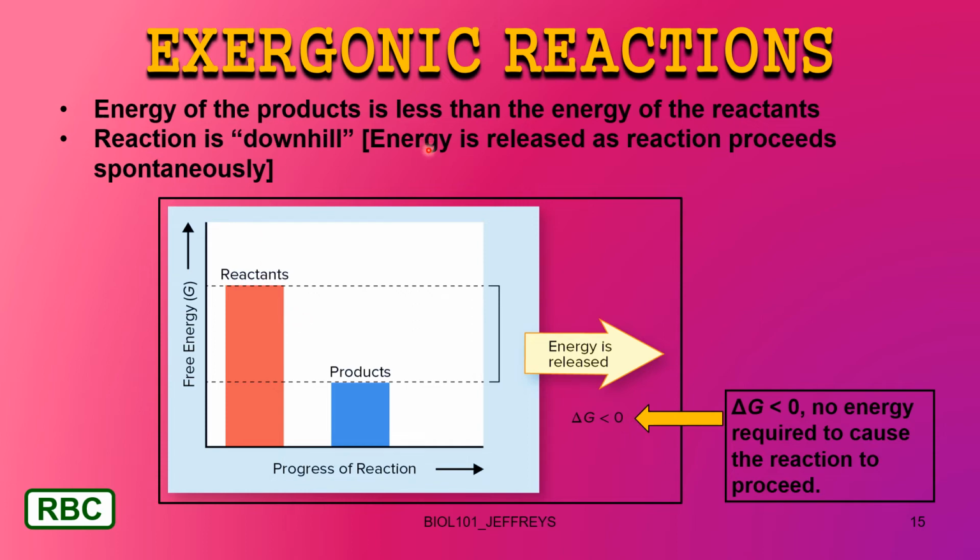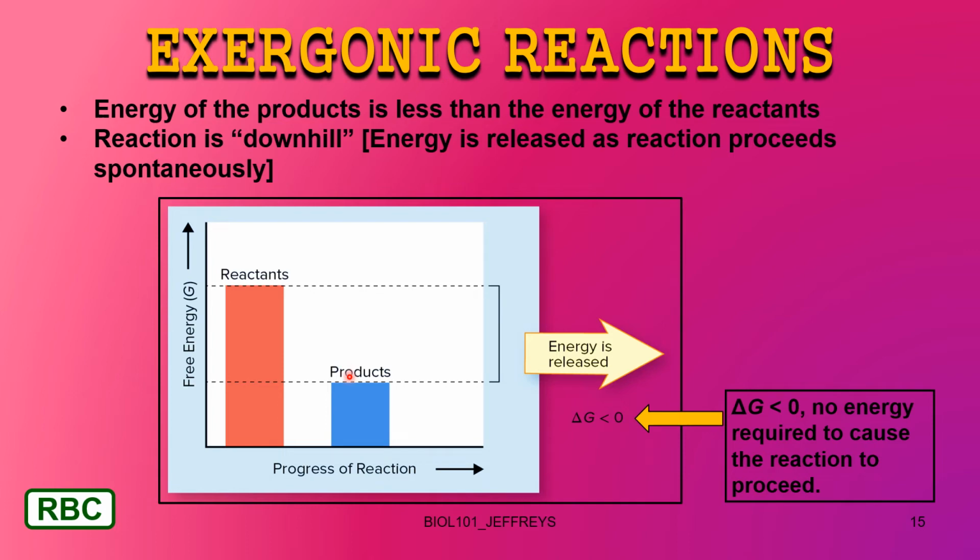In other words, energy is released as the reaction proceeds. We have lots of potential energy here. Once you go over the edge, over the threshold, it automatically happens, and the energy is released from the system. We have energy in motion as the reaction proceeds and we make these products.